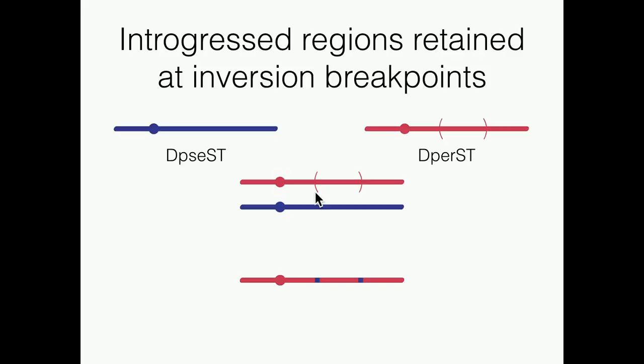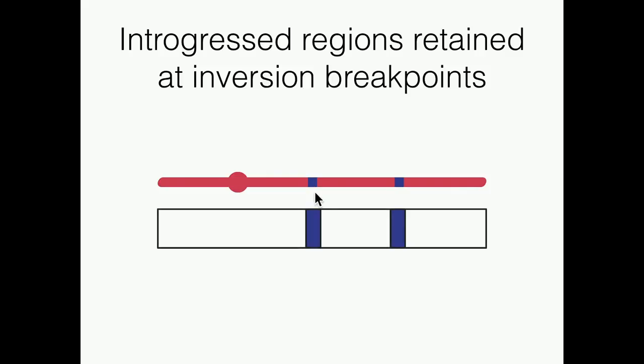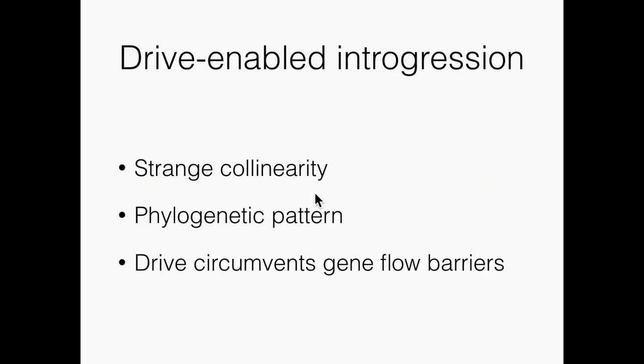These inversion breakpoints entirely suppress recombination, and so you can't see these phenomena. When we zoom into this a little bit more closely, you'll find that this looks strangely reminiscent of our pattern in the phylogeny, where we see the retention of pseudoobscura material in the distorting chromosome at each one of these breakpoints. And so with this model, we can successfully explain the strange collinearity across these species bounds, the phylogenetic pattern that we've observed.